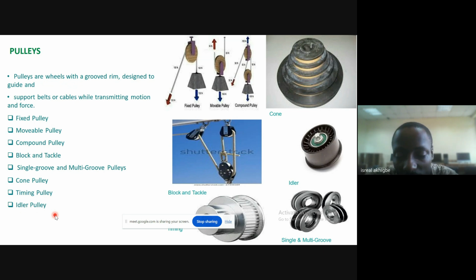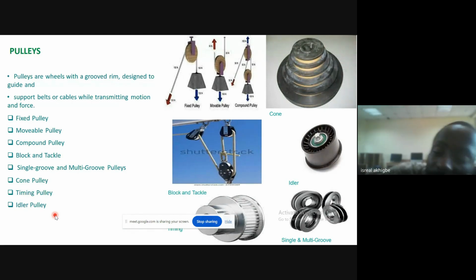If our overall length from pulley 1 to pulley 2, which is driver to driven, is 30 mm, and we have a 35 mm V belt in length, that extra 5 mm will not allow proper transmission because it's more than required. So the belt will be slipping instead of gripping properly. So what happens? We can use an idler pulley that will tension it further to accommodate that extra length.